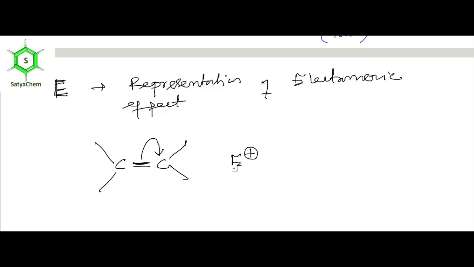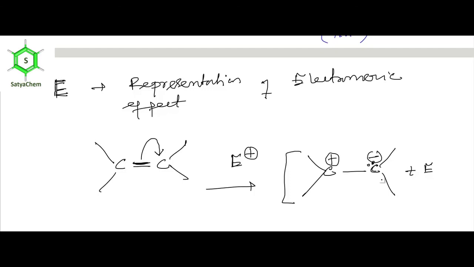Here it is the electrophile. Then this carbon becomes C plus because the pi electron now moves onto the other carbon, and the negative charge is on this carbon, which is in close vicinity of the electrophile.